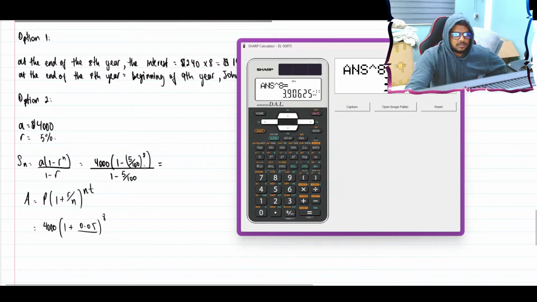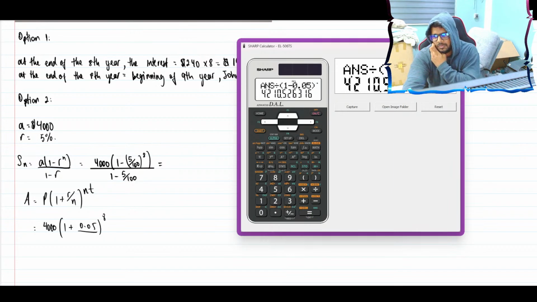That is this little thing here, right? Into 1 minus 0.05 to the power 8 divided by 1 minus 0.05.